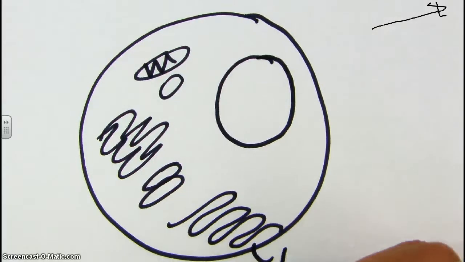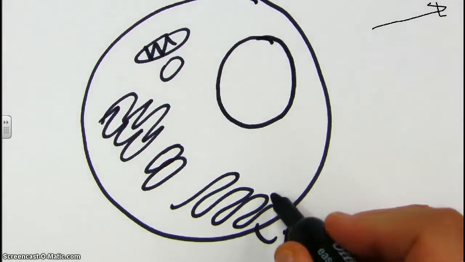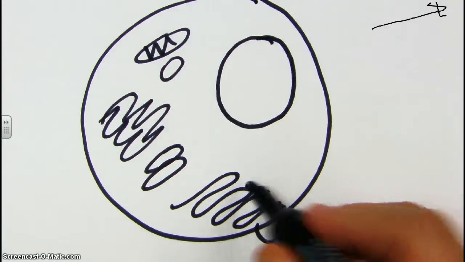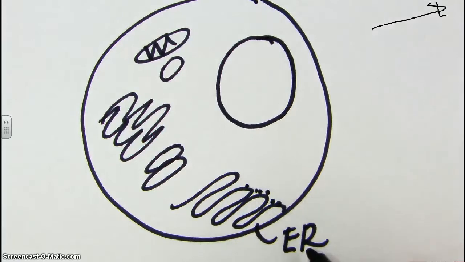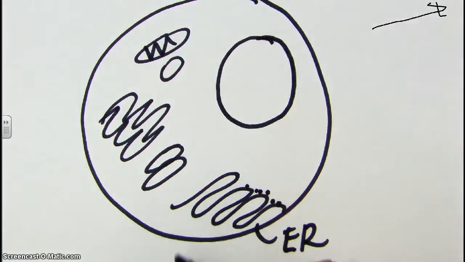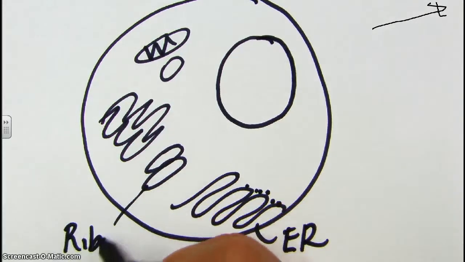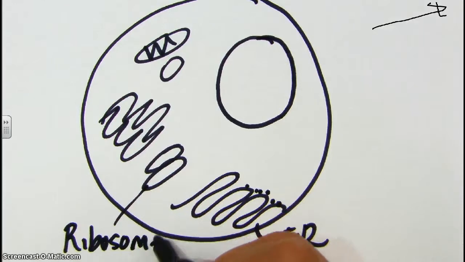We've got endoplasmic reticulum, and that's for packaging things for the cell. Typically, if it has ribosomes on the side, it's for packaging proteins. That's rough ER. And if it's smooth ER, it's for packaging fats. The ribosome is to make proteins.